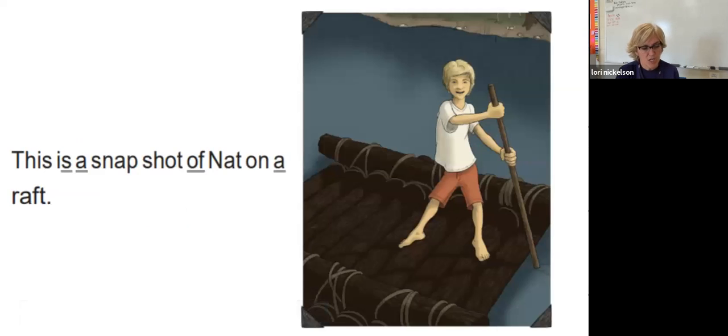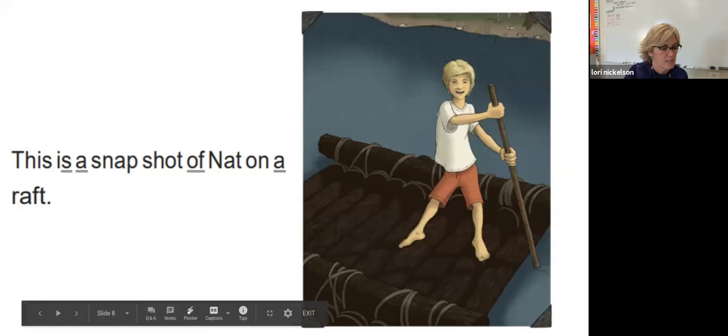On this page here, can you tell me a noun on this page? Good. Nat is a noun because it names a person. Can you find another noun on that page that names a thing? Raft. Good. A raft. And a raft is a type of boat. Good.